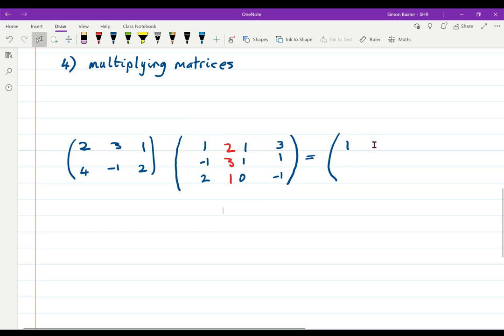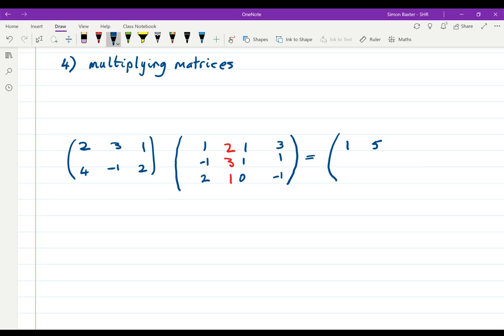So the number in the first row and second column is the first row turned on end times the second column. Same trick, 2 times 1, 3 times 1, 1 times 0, 2 plus 3, add them together, and we get 5.